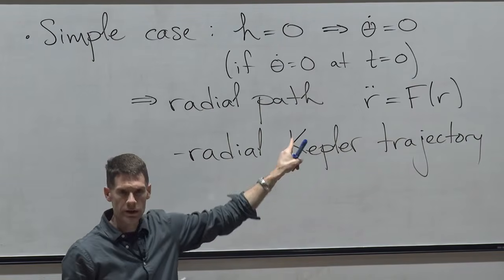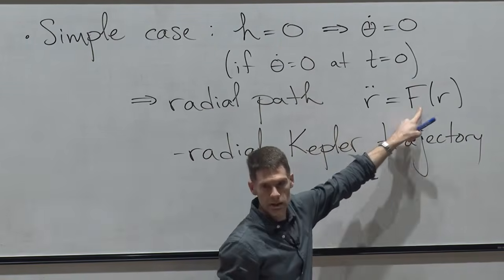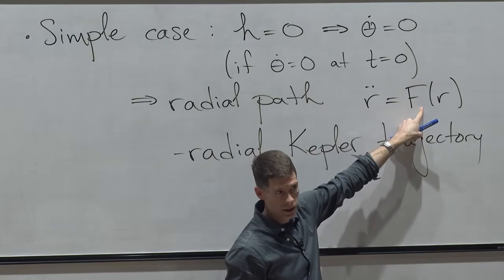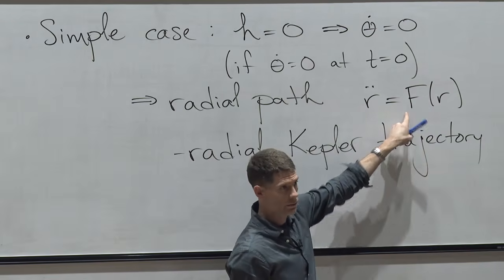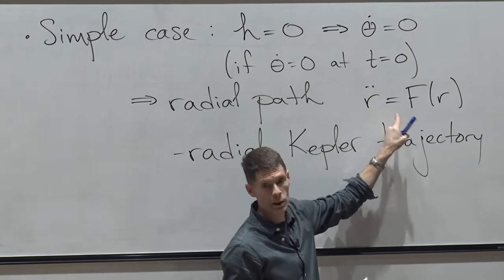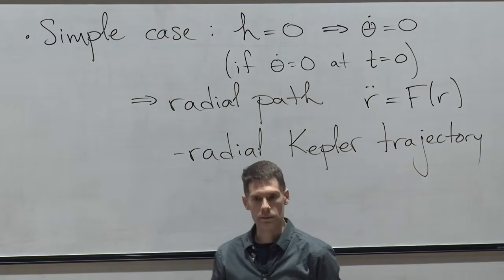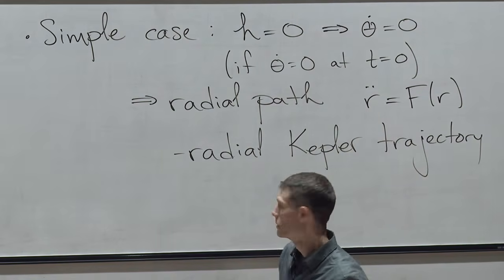I'll say that's not trivial, because the f of r still has the nonlinearity, the 1 over r squared. So you still have to figure out how to solve this, but that is a solvable equation. I think I put that in a problem sheet, so you work out those paths. Okay.